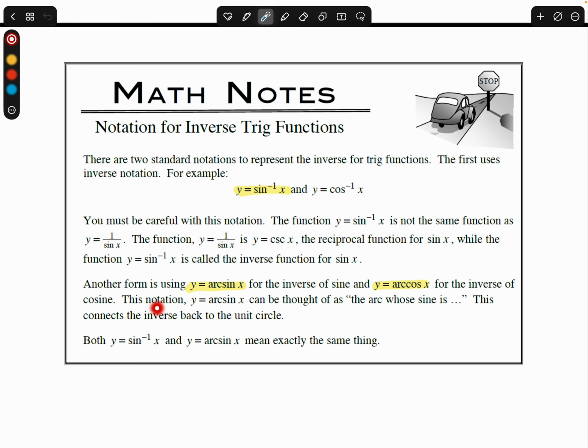This notation, y equals arcsine of x, can be thought of as the arc whose sine is, and this connects the inverse back to the unit circle. It doesn't really matter which way it's done, but you may see both of them in future math classes if you're continuing on into higher level math. Just know that they mean the exact same thing.